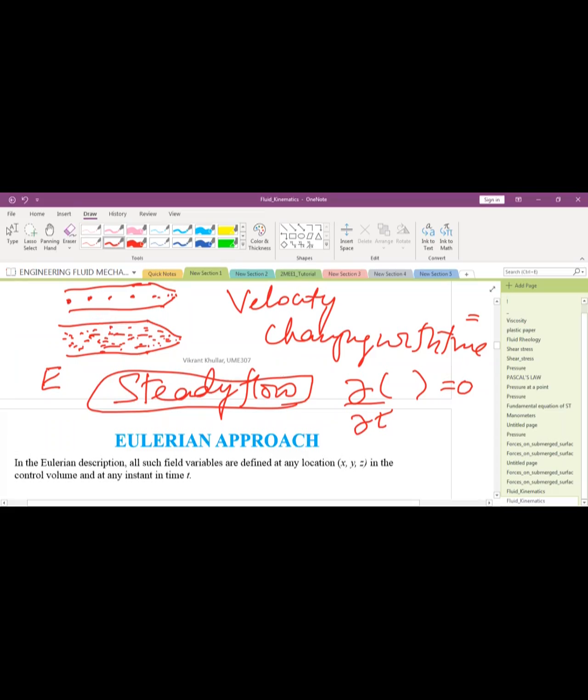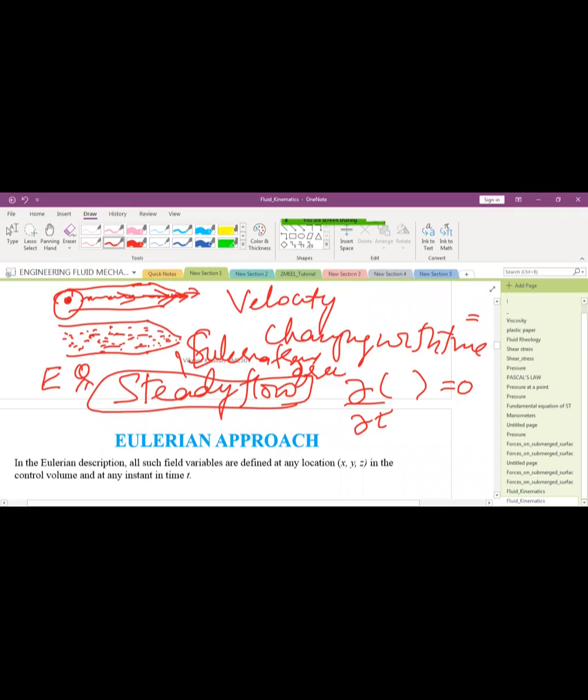No, sir. क्योंकि आप खुद या जो फ्रेम ऑफ रेफरेंस है वो किसको कंसंट्रेट कर रहा है? पार्टिकल को. सो पार्टिकल विद टाइम इज चेंजिंग इट्स velocity. So please remember this subtle concept. So this is a steady flow from Eulerian frame of reference, and this is an unsteady flow from Lagrangian frame of reference.